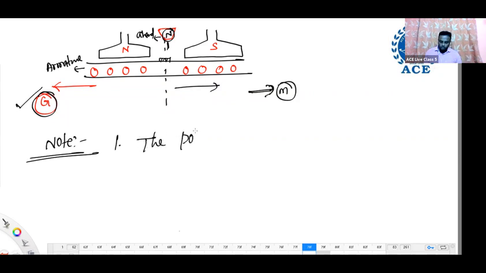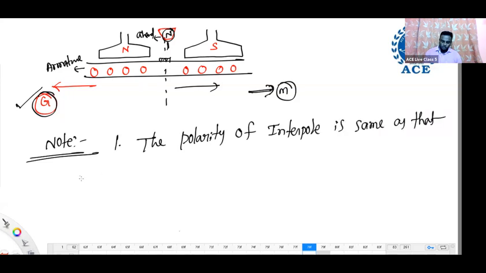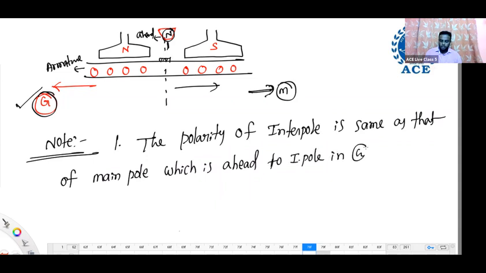The polarity of the interpole is the same as that of the main pole which is ahead, meaning in front, which is ahead of the interpole, in generator direction. That is important. Generator means ahead, motor means behind.